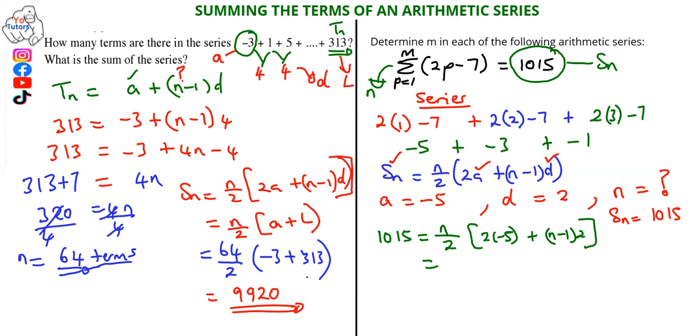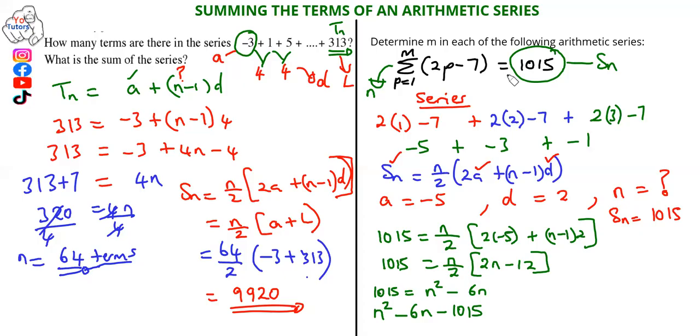Okay, now we can see that we get 2n minus 12, then we take the n over 2 inside, you get n squared minus 6n, because n over 2 times 12 is going to give us 6n. Then we take the 1015 to the other side, it is going to be negative. Then we are saying now this is equal to 0.